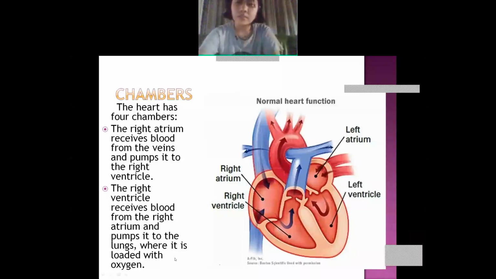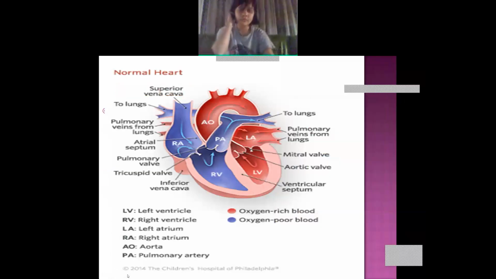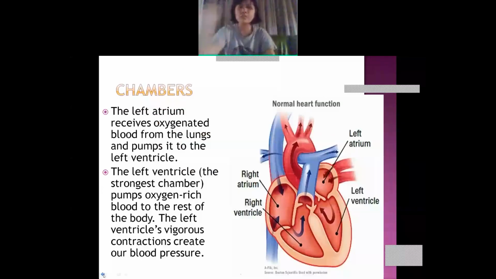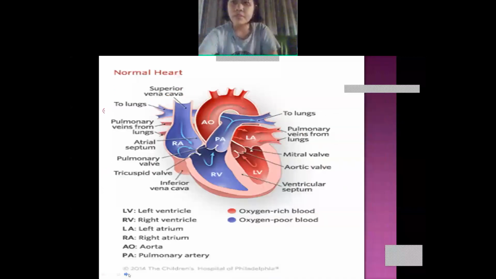Is it clear? Atrium is upside and ventricle is downside. Okay, is it clear till there? The four chambers of the heart. Yes, ma'am.